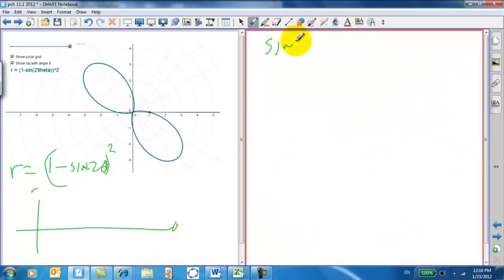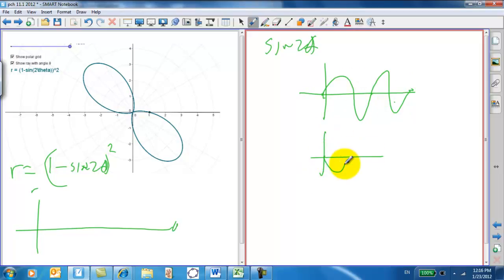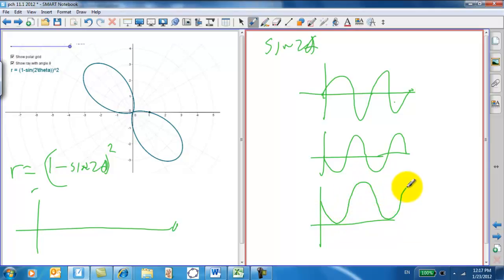When we start with sine 2 theta from 0 to 360, we get 2 sections, right? Now you're going to take the opposite of that, raise it up 1, and so it's going to just touch down here like this. Like that, right? There's one cycle, there's another cycle. Yep, so it's always positive.